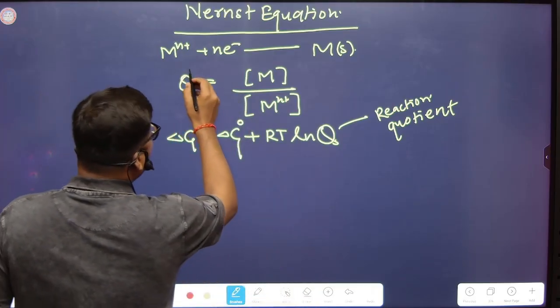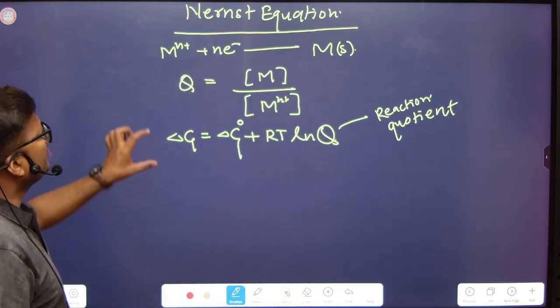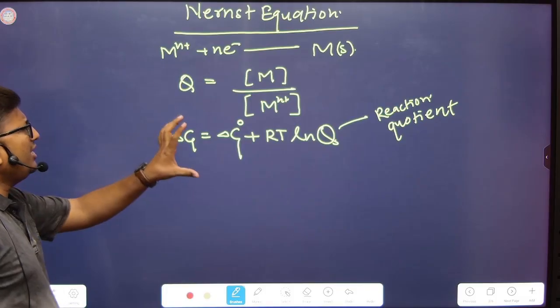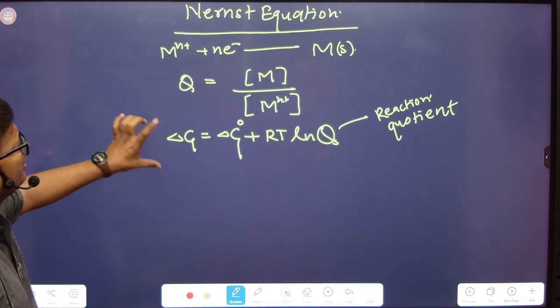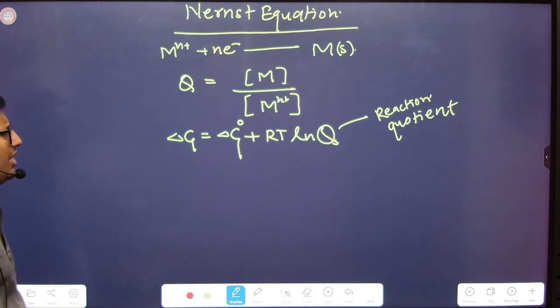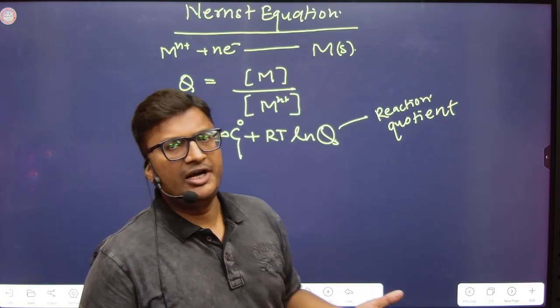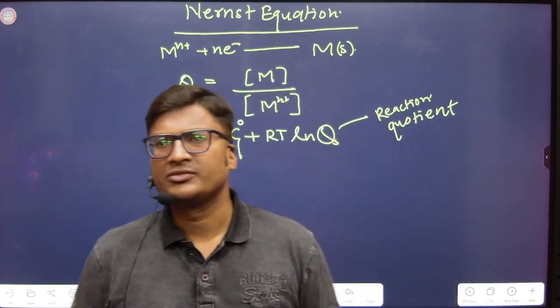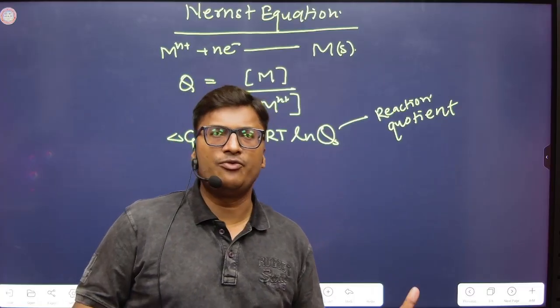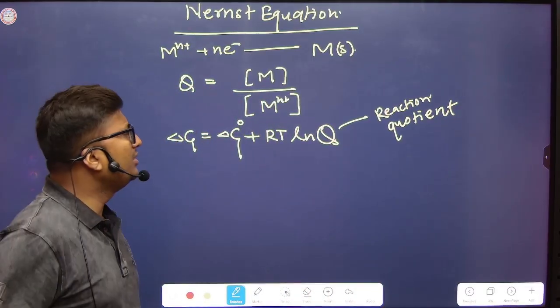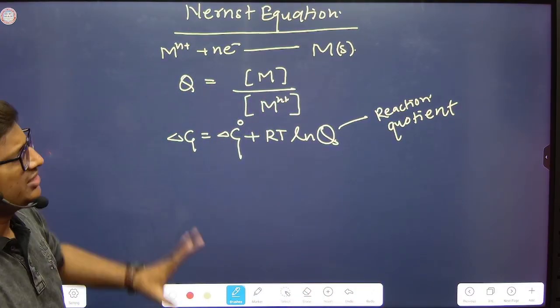Here the metal is inserted in the electrolyte solution containing cation and anion, and if the electrolyte cation gets reduced on the surface of the metal rod, then there will be a reduction potential, right?